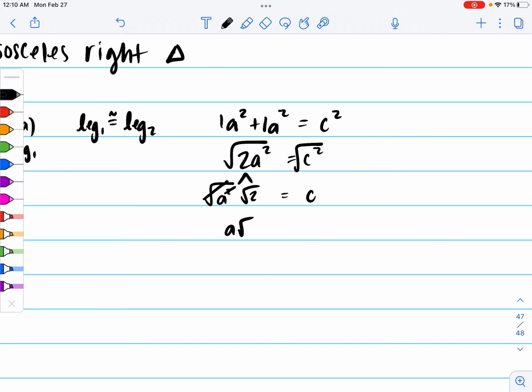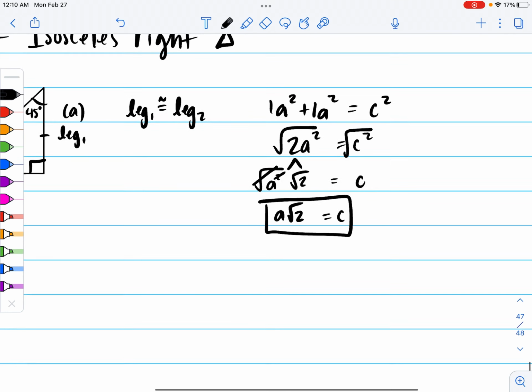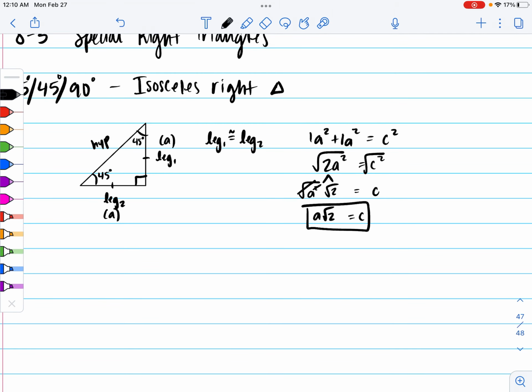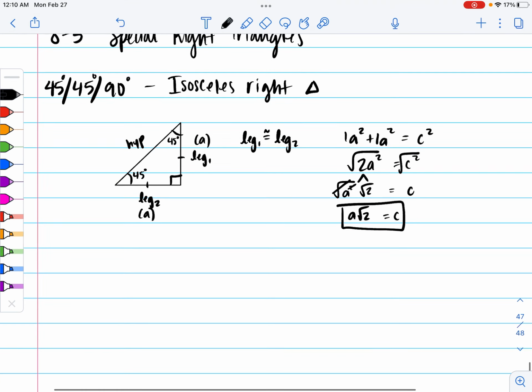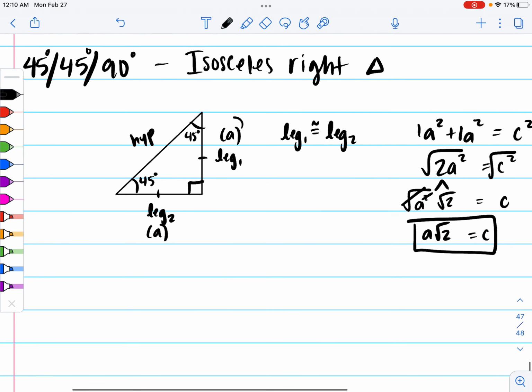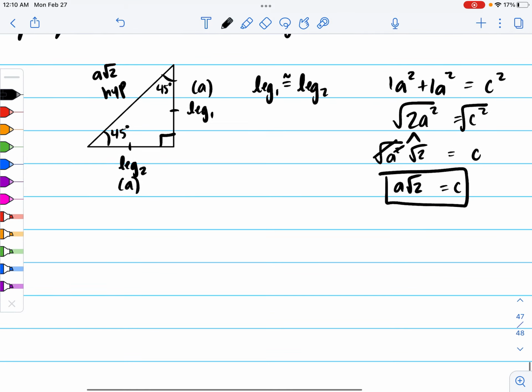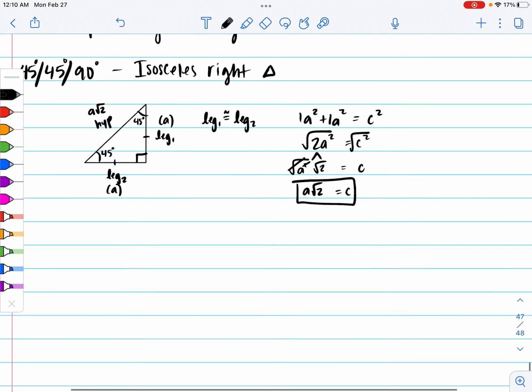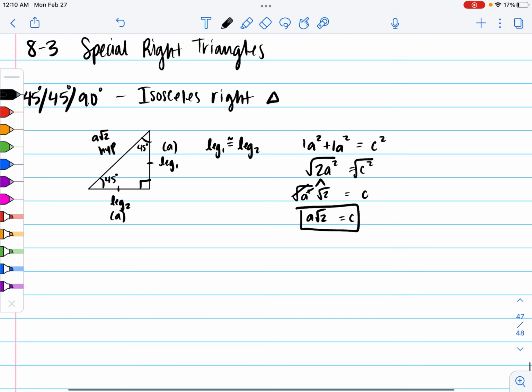We already know the square root of a squared is a, because those cancel out. We get a root 2 is equal to c. So this is the interesting part: no matter what, in a 45, 45, 90 degree triangle, if you have the length of the leg a, then the hypotenuse is always a times the square root of 2.